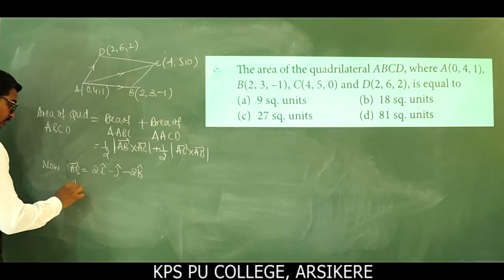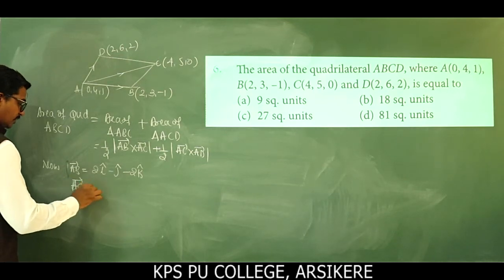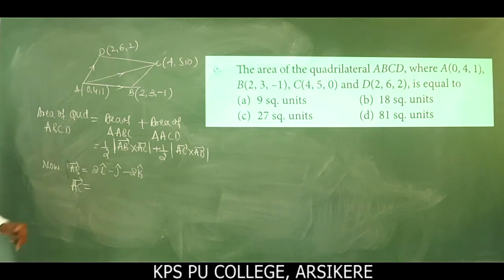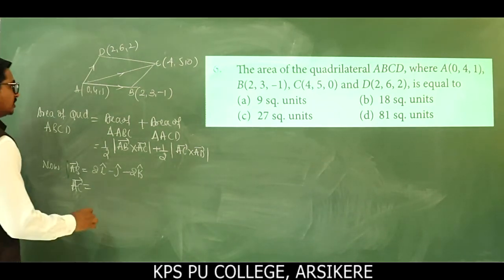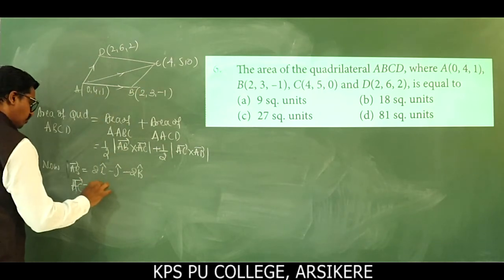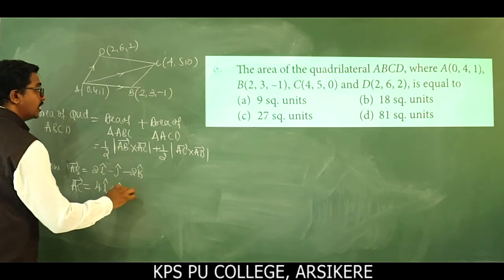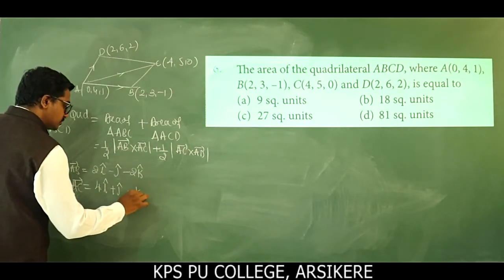Then another one is vector AC. Again (x2 − x1) i cap + (y2 − y1) j cap + (z2 − z1) k cap. So that becomes 4 minus 0 is 4 i cap, 5 minus 4 is plus j cap, 0 minus 1 becomes −k cap.